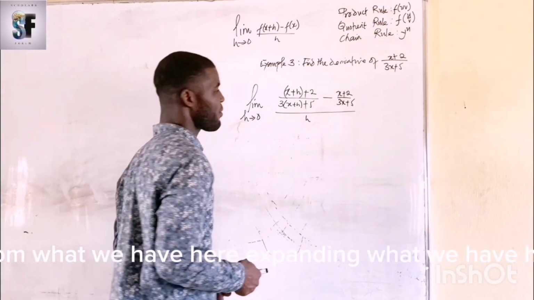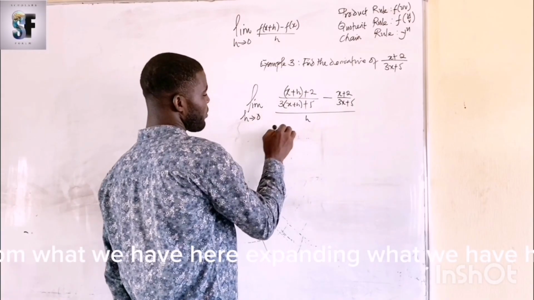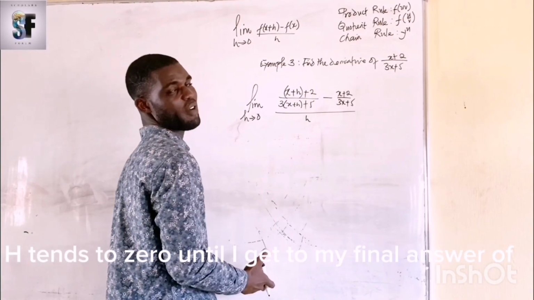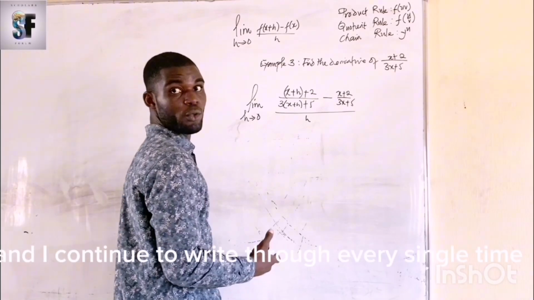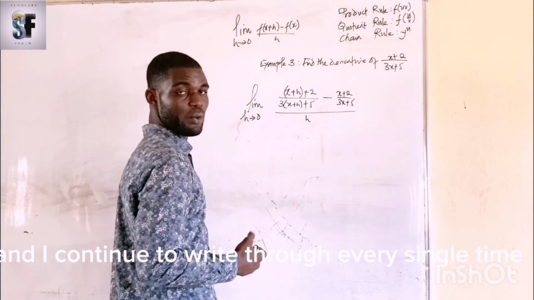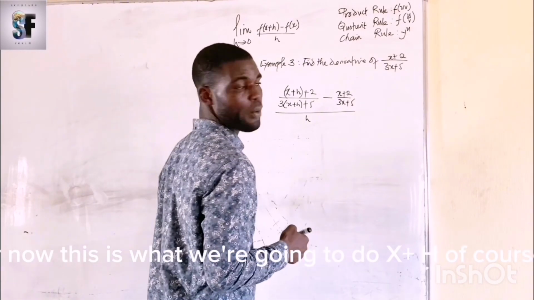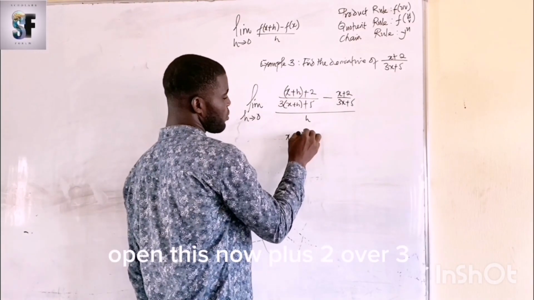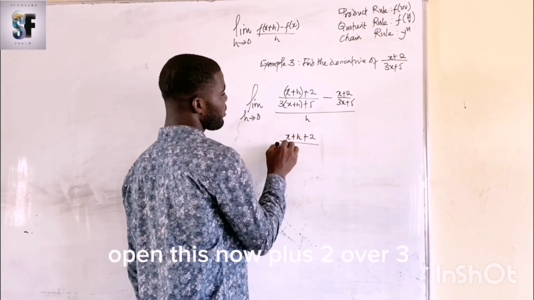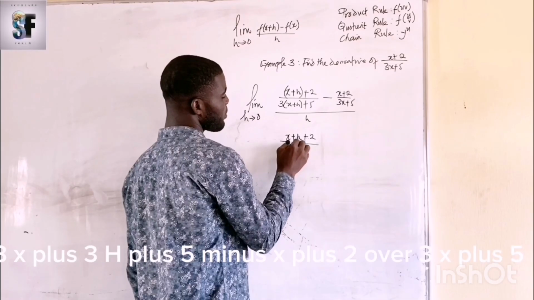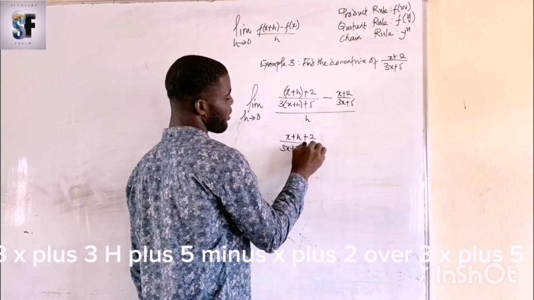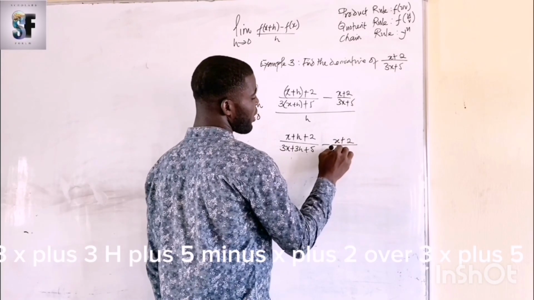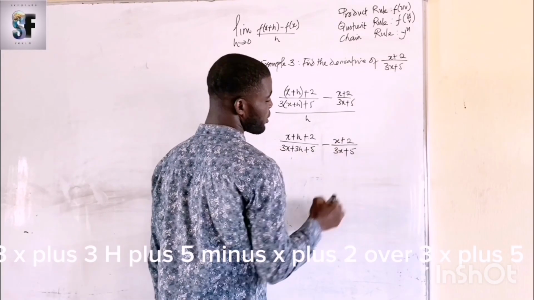For what we have here, I might choose to skip writing the limit until I get to my final answer, though I could write it every single time. So for now, we have x plus h plus 2 over 3, opening this, 3x plus 3h plus 5, minus x plus 2 over 3x plus 5.